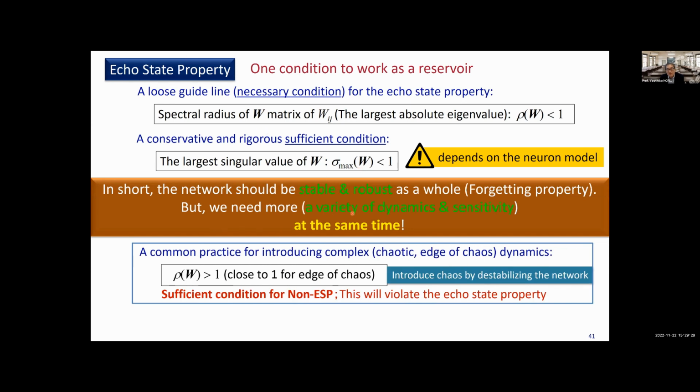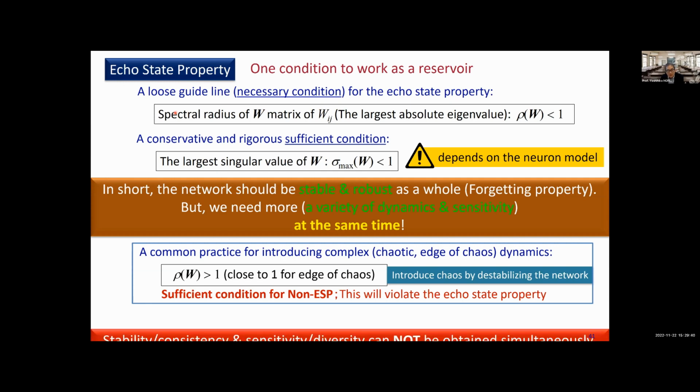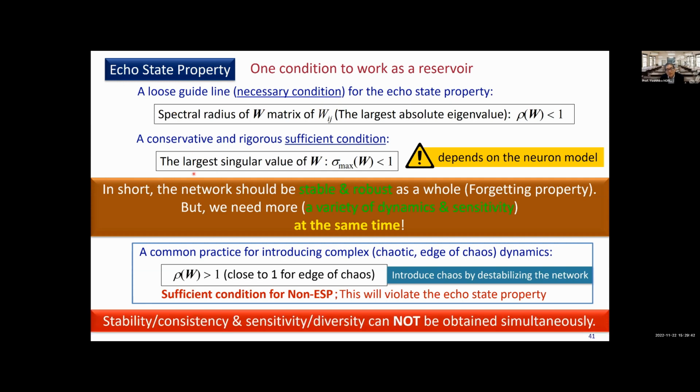So we get a variety of dynamics and sensitivity from the reservoir neural network, but we will lose stability and robustness because we violate the echo-state property. So both of them cannot be obtained simultaneously from the reservoir neural network.